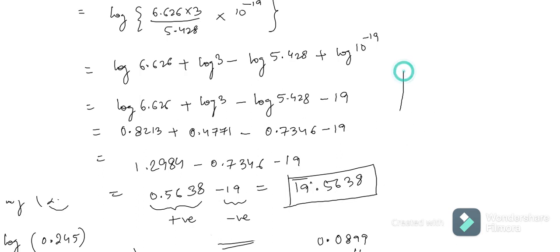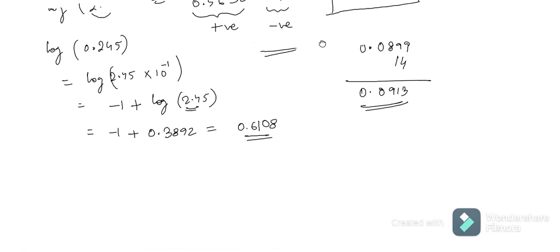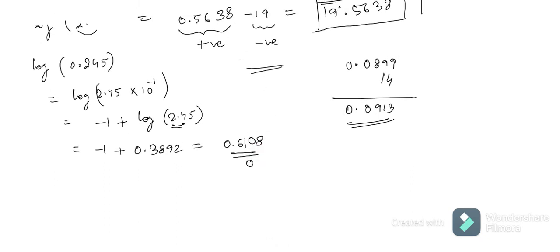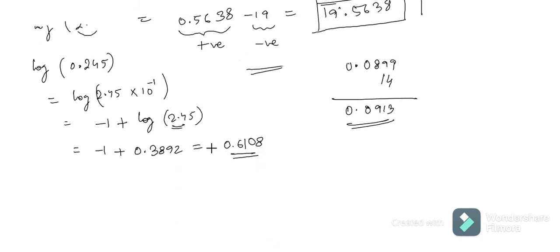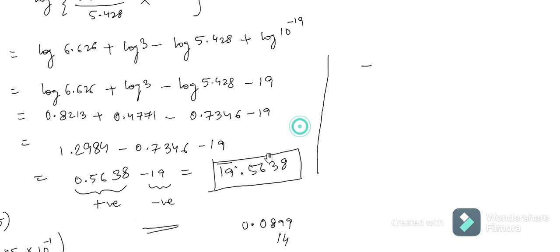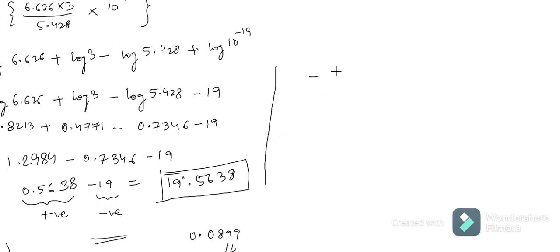Suppose a number comes like this: minus 0.6138. This is negative, right? The number came as minus 0.6138. So how are we going to convert this into the positive and negative form?